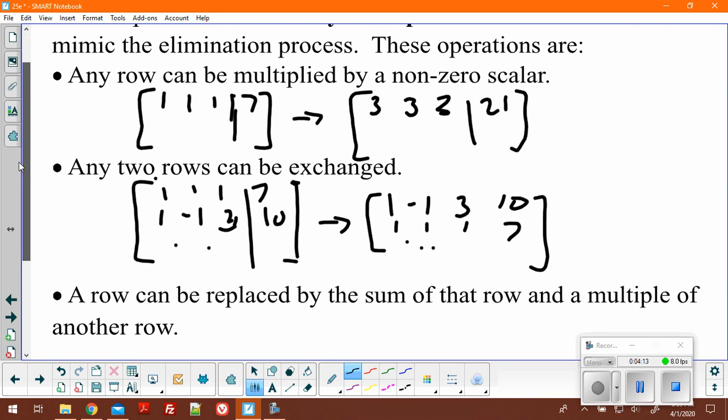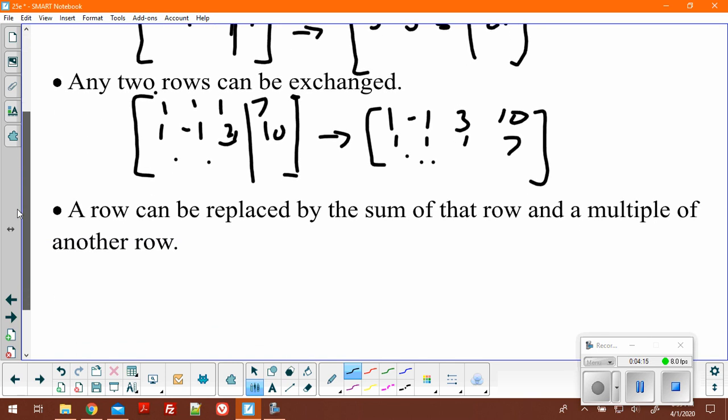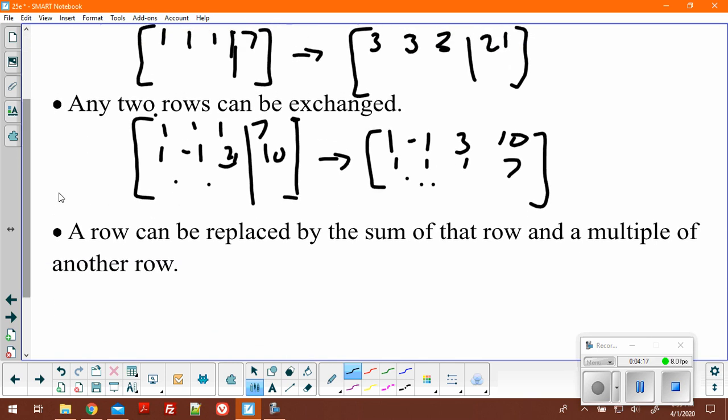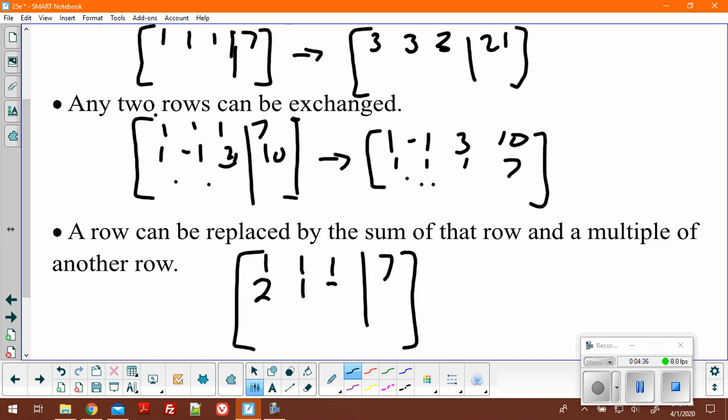Okay, the last one. A row can be replaced by the sum of that row and a multiple of another row, or multiples of both, actually. What this step is really about is the elimination process. So let's say I went back to my 1, 1, 1, 7, and my second row was 2, 1, 3, and 6.